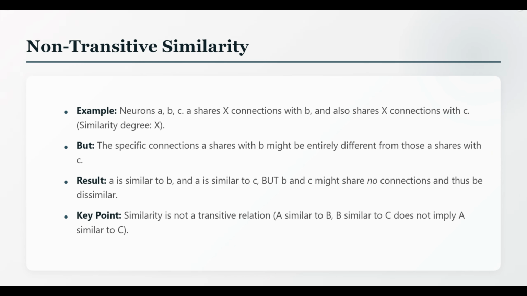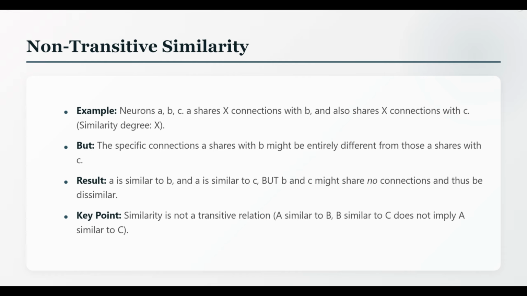Here's a subtle but important point about similarity. Imagine neuron A shares 5 connections with neuron B, and also shares 5 connections with neuron C. Does that mean B and C must be similar to each other? Not necessarily. Those 5 connections A shares with B could be completely different from the 5 connections A shares with C. So A is similar to B, A is similar to C, but B and C might have nothing in common.